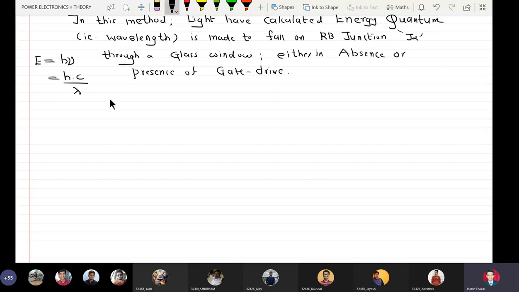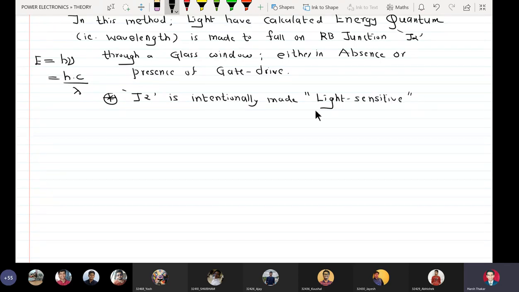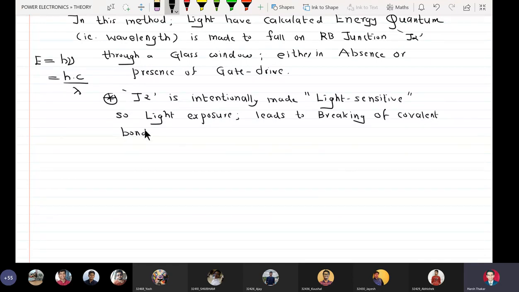Here junction J2 is intentionally made light sensitive, so light exposure leads to breaking of covalent bonds, thereby making charge carriers available.